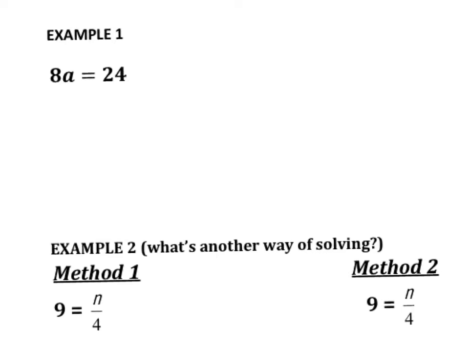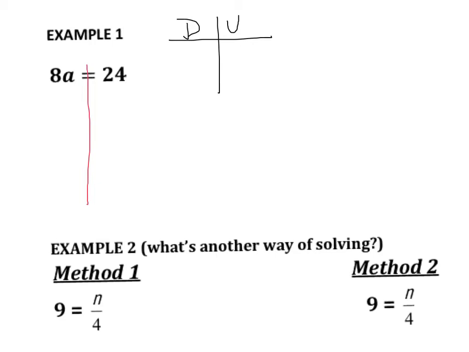Okay, we're going to start with example 1. So, our first step should be to draw our line. So I'm going to draw my line down and my equal sign. My next step is going to be to do my do and undo box. So I'm going to go ahead over here and I'm going to say, okay, what's being done and how do I undo it?